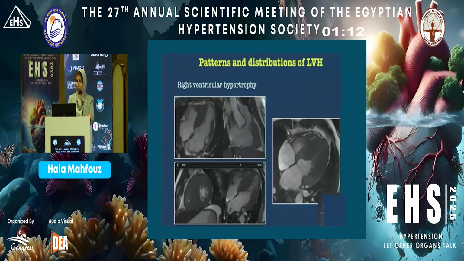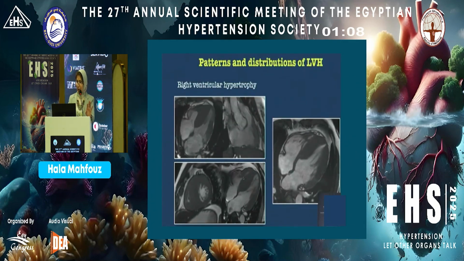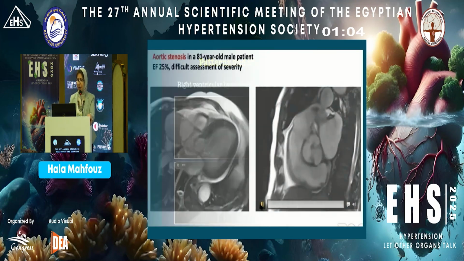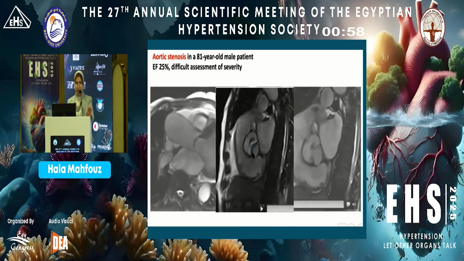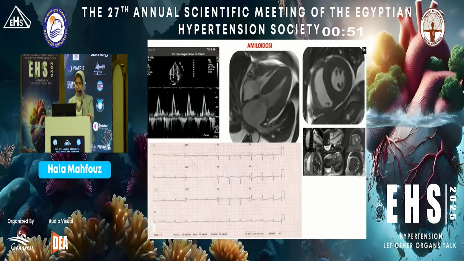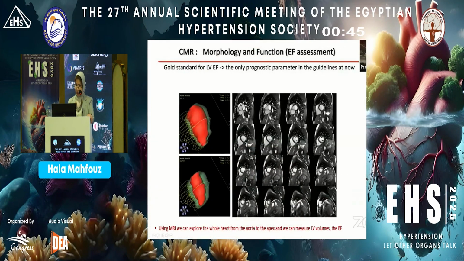CMR is one of the mandatory and essential techniques to differentiate hypertension, and also in a patient having aortic stenosis it becomes easier to differentiate whether the patient has LVH due to valvular disease or due to hypertension. Also amyloid, in conjunction with the ECG, strain pattern, and echocardiography.